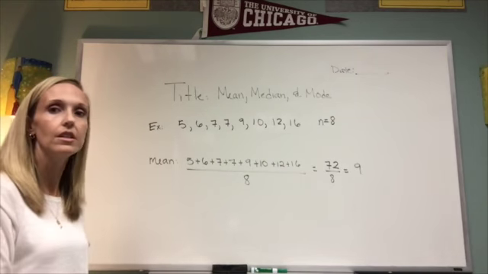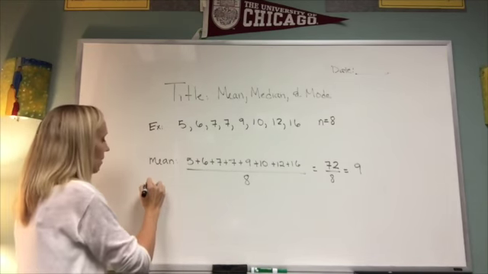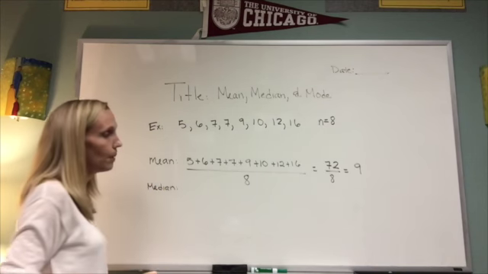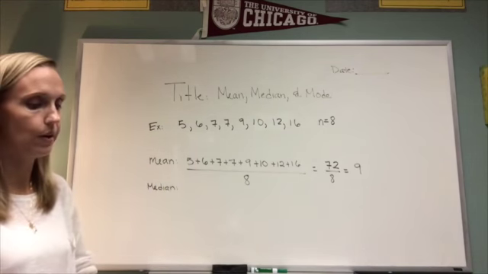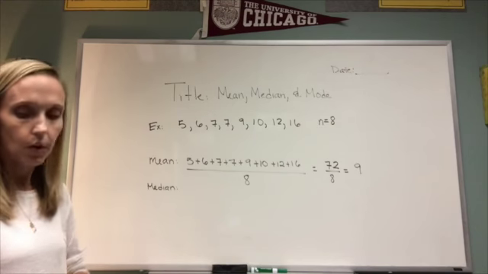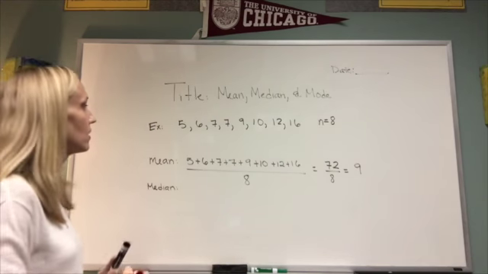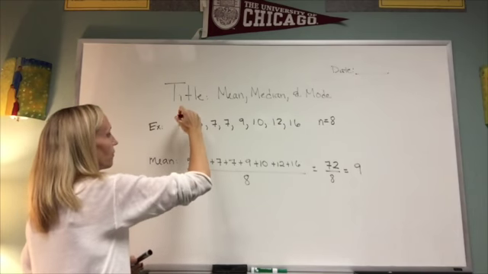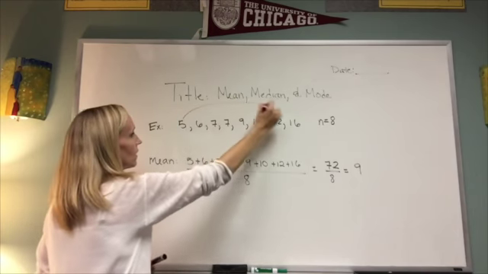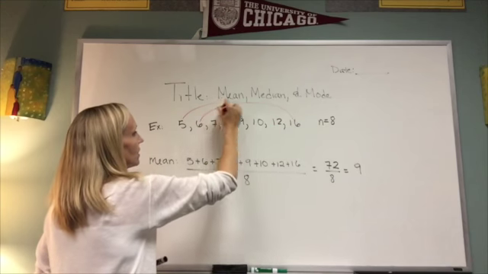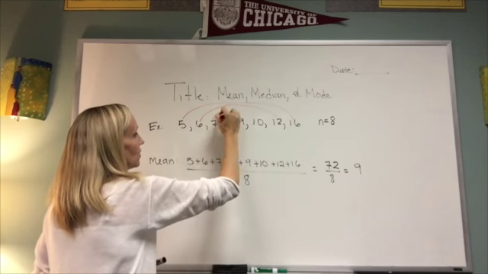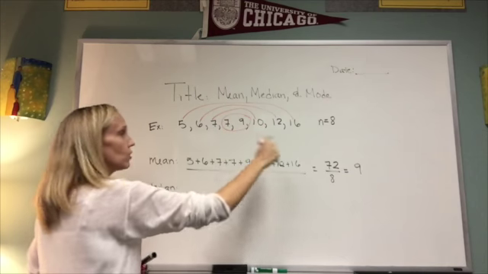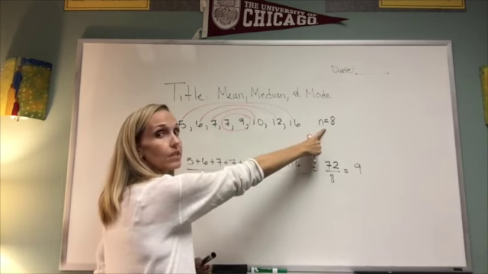Our average is 9. Now our median, I'm not going to rewrite the data set. I want to show you how I want you to do it. We call it rainbowing it, where we make rainbows. So we go from the first number to the last number, second to the last, so on and so forth. Now notice that, as I told you, we have an even number of data sets.